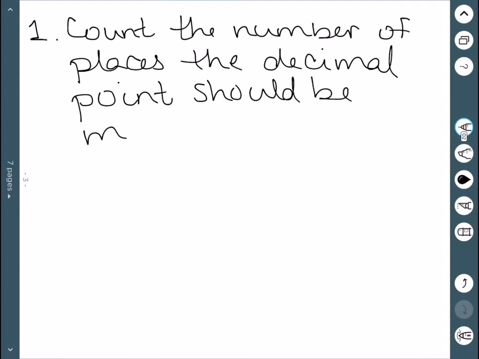So remember, when we're doing this, we're looking for a number between 1 and 10. So when we say how many times the decimal point should be moved, we're looking at how many times it needs to be moved to make this a number between 1 and 10.